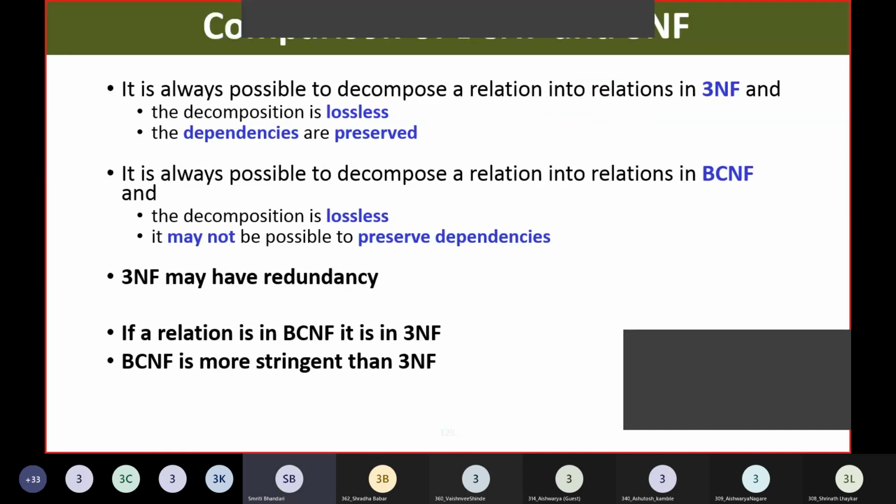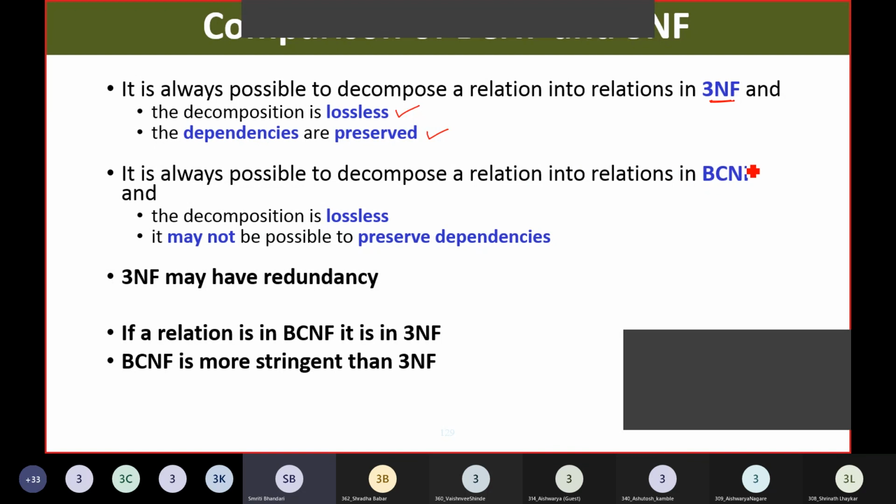I'll be comparing 3NF and BCNF, and this is the most important comparison of BCNF and 3NF. So please remember these points. It is always possible to decompose a relation into relations in 3NF, and the 3NF decomposition is always lossless and dependency preserving.